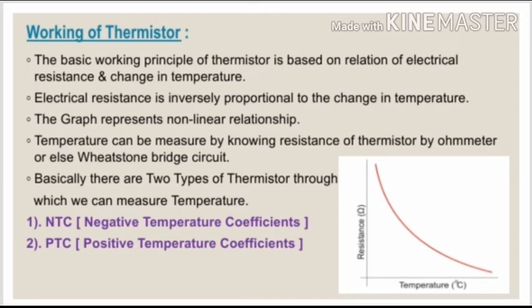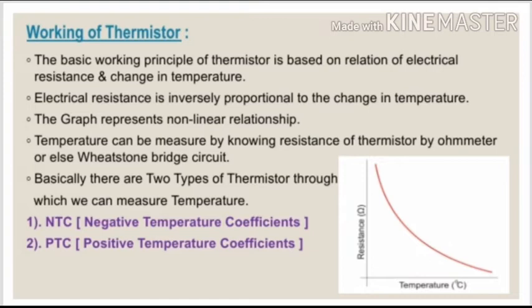Now, the working of thermistor. The question arises in your mind: how does the thermistor work? So let's discuss its working. As you can see in the graph, which is non-linear, the working principle of a thermistor is that its resistance is dependent on its temperature. We can measure the resistance of a thermistor using an ohmmeter or electrical bridge circuit. If we know the exact relationship between how changes in temperature will affect the resistance of the thermistor, then by measuring the thermistor resistance, we can derive its temperature.